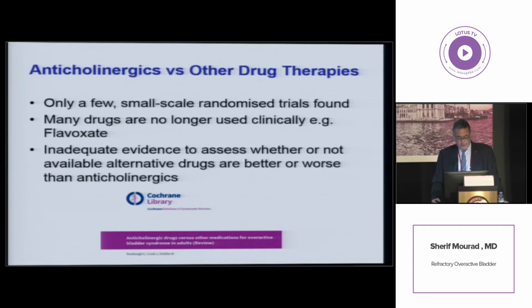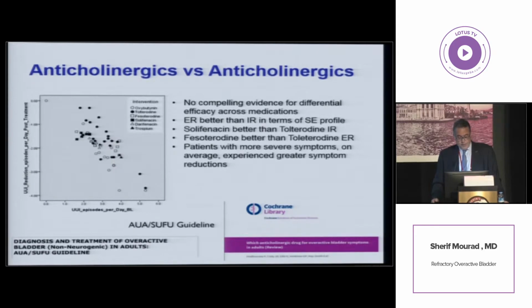There is inadequate evidence to assess whether available alternative drugs are better or worse than anticholinergics. And comparing anticholinergics versus anticholinergics, there is no compelling evidence for differential efficacy across medications. Extended release is better than immediate release in terms of side effects. For example, solifenacin is better than tolterodine immediate release, while fesoterodine is better than tolterodine extended release.